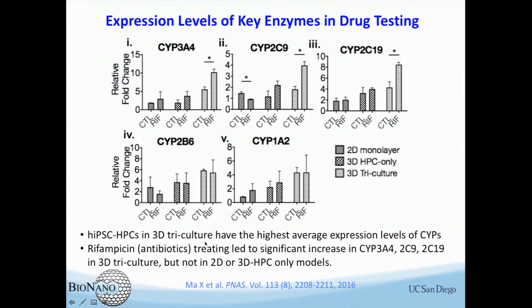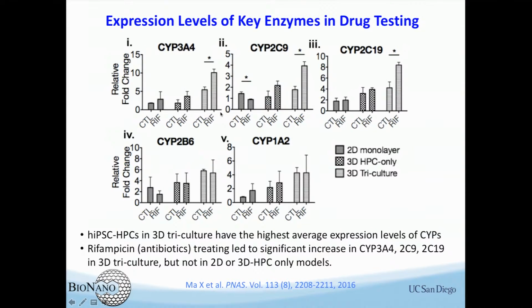We put the antibiotic in the dish, in the 3D printed tissue culture, and analyzed these enzyme expression levels. And again, the so-called triculture model in our case is much better compared to other traditional tissue models.